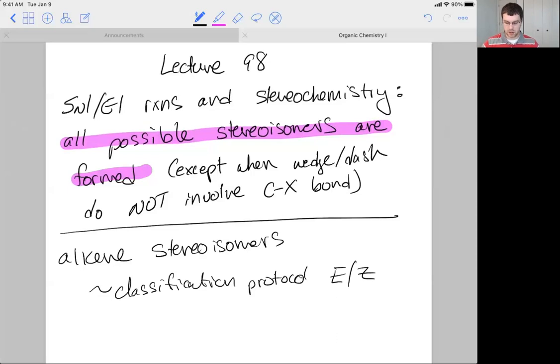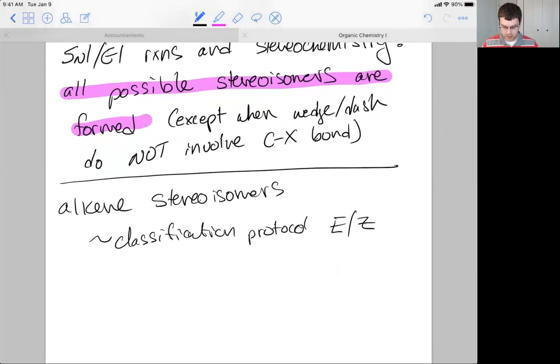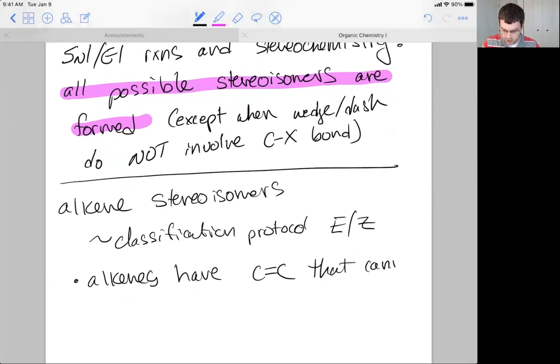What this all comes down to is the idea that alkenes have carbon-carbon double bonds that cannot undergo free rotation.